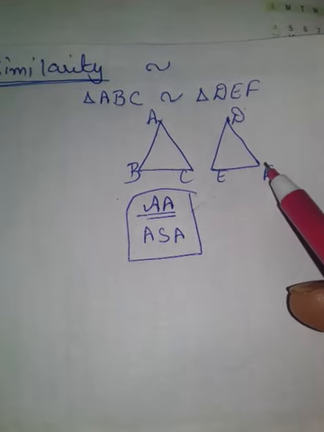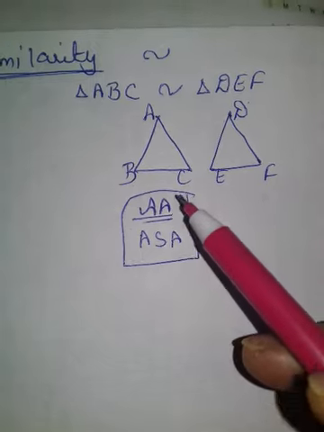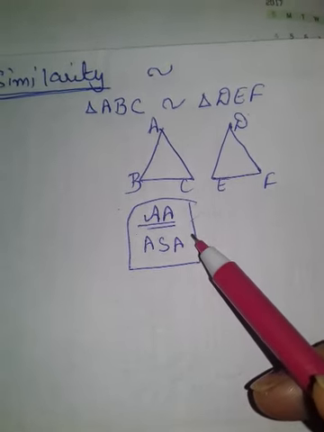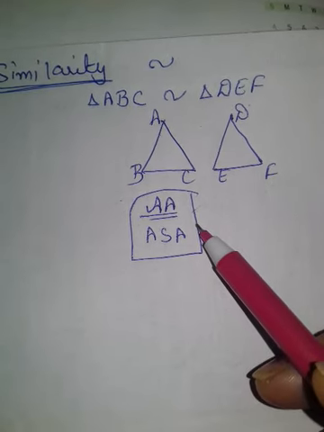Or we can say, if two angles are equal and the sides between them are proportional, then these two triangles are similar.